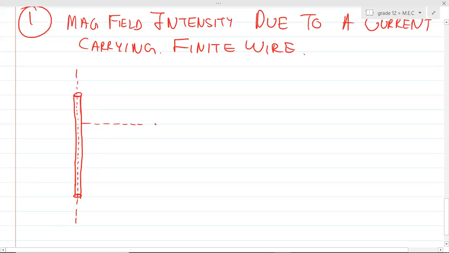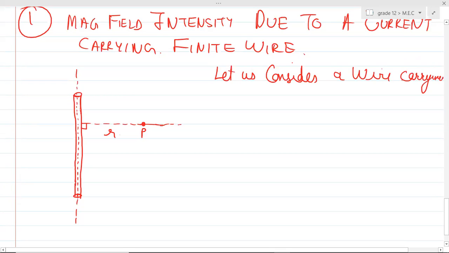Yes, sir. So suppose, guys, there is a current carrying wire, and you are requested to find the magnetic field at a point P which is at a perpendicular distance r. So let us consider a wire carrying a current I. What is the current in the wire?